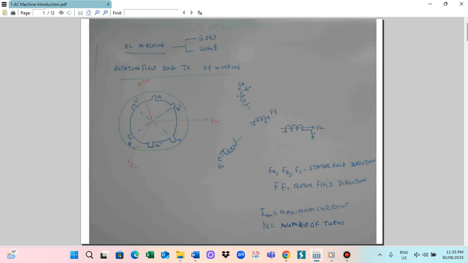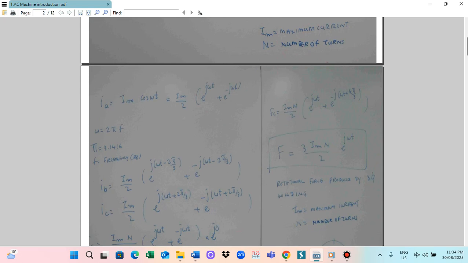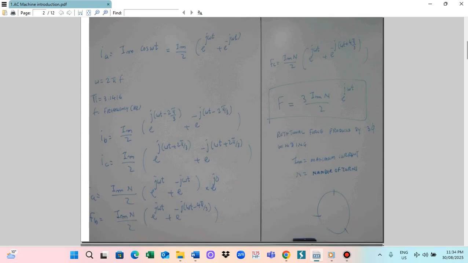The force produced by the A phase current, B phase current and C phase current, we can write by the equation. So IA is equal to IM cos omega t. Here IM is the maximum current, and omega means the rotational frequency.